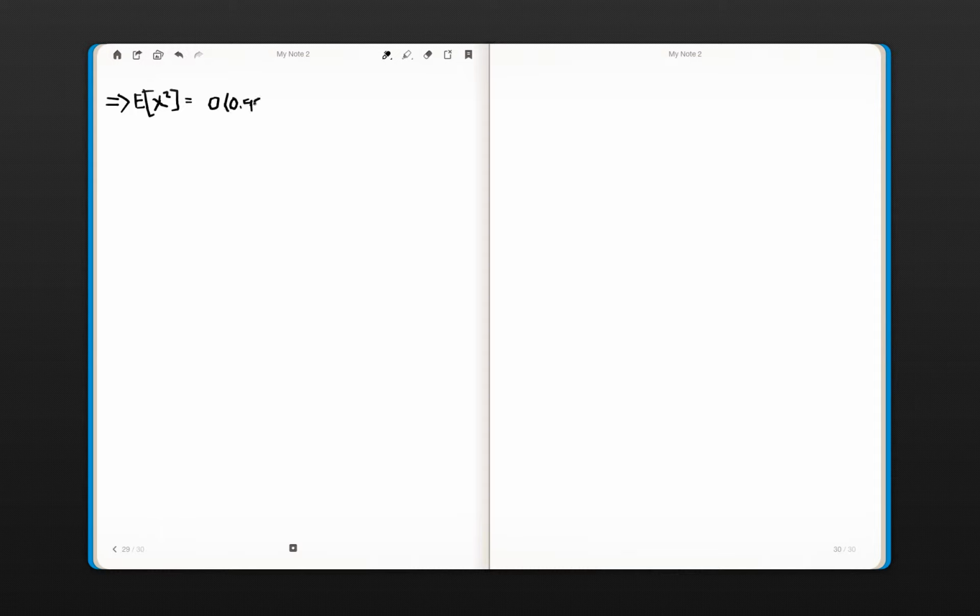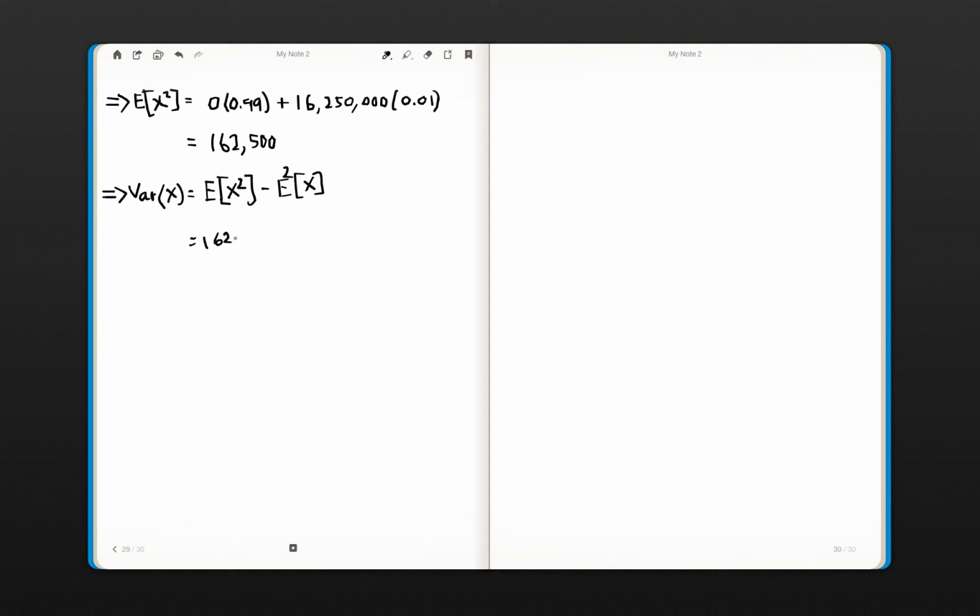That was 0 times 0.99 plus, now I'm substituting in the expected value of x squared given that there's a claim, times the probability of a claim, which is equal to 162,500, which implies now we can go back and plug it into our original formula to find the actual variance of x, which is equal to, and I'll just reproduce it here just for clarity, expected value of x squared minus the expected value of x quantity squared, which is equal to 162,500 minus 40 squared, which is equal to 160,900. So we're almost done.